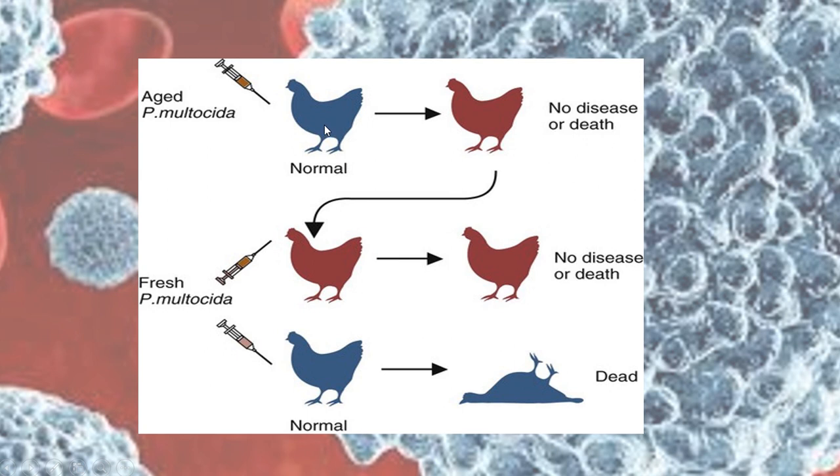So it has formed the memory cells that will help it remember this Maltosida whenever it enters its body again. And this is what happened in this case, and this is why it didn't die. While this hen was not injected with the aged Maltosida, so it didn't form any memory cells, and this is what led to the death of this hen.